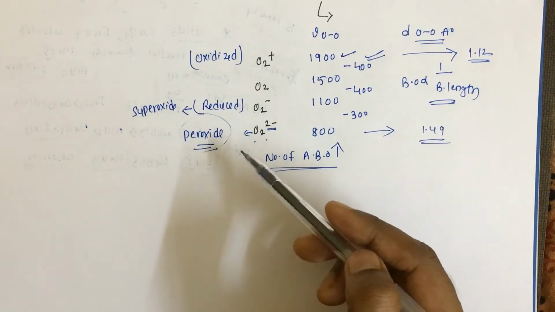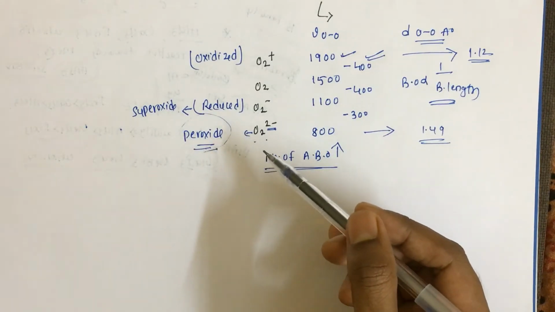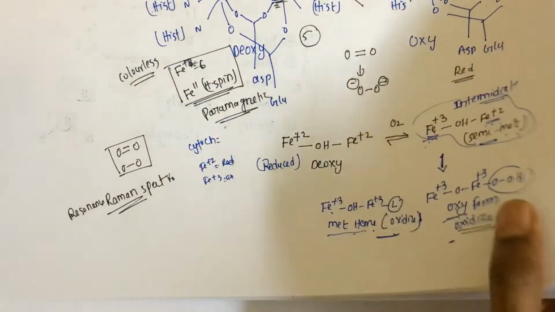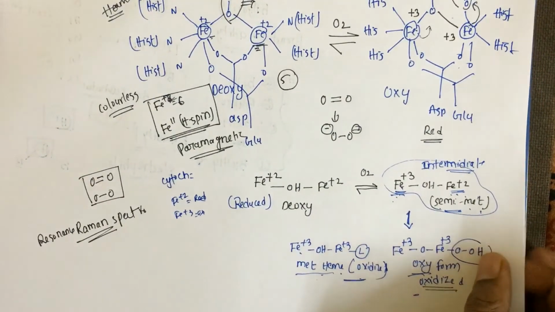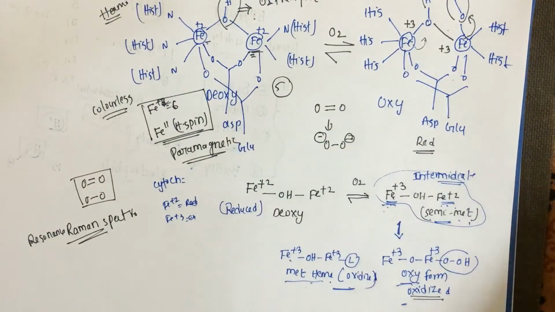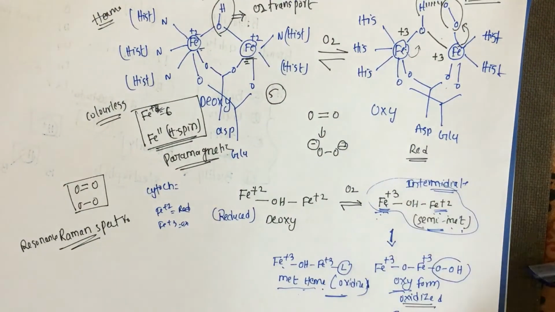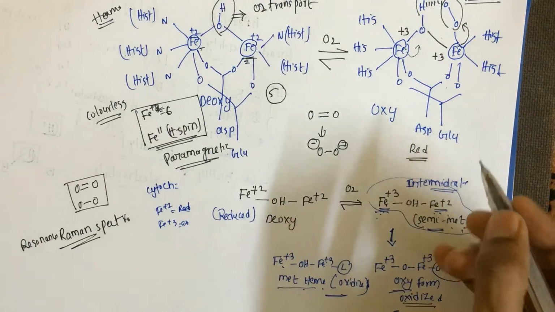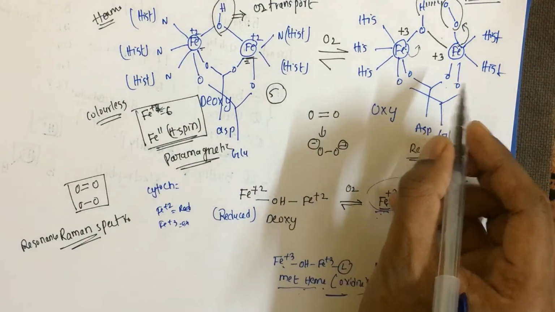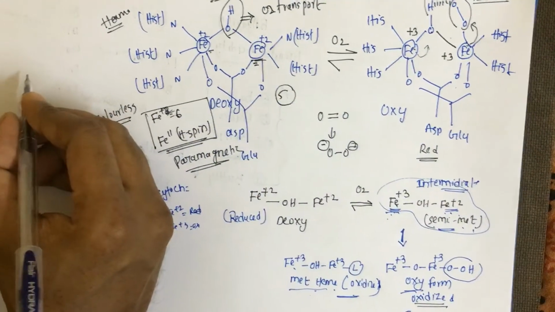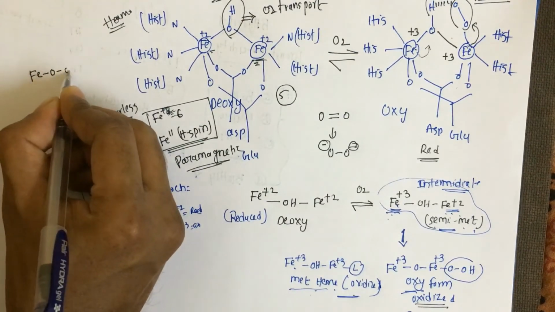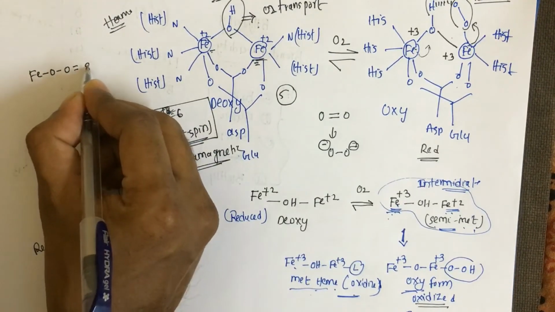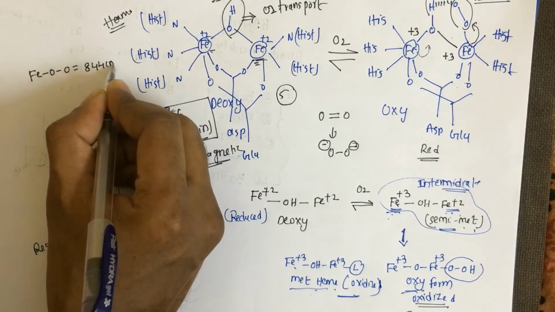So when we see the oxy form, I hope you can see this. Here we have two stretching frequencies. I will write here: the iron-oxygen stretching frequency comes around 444 centimeter inverse.